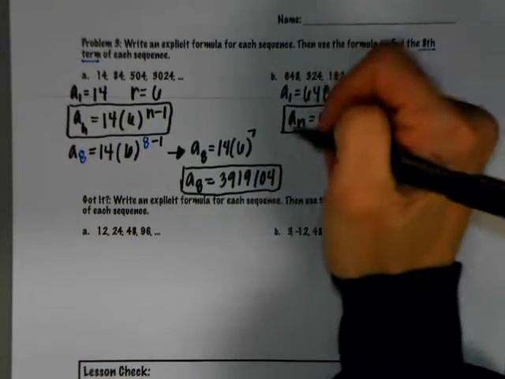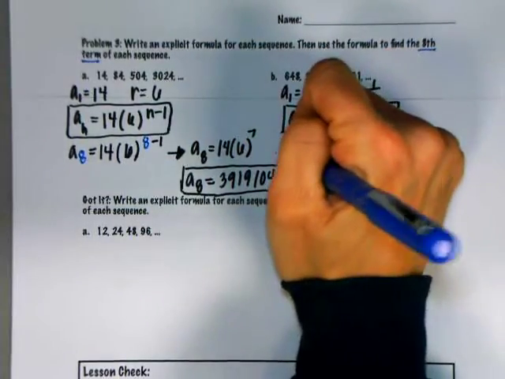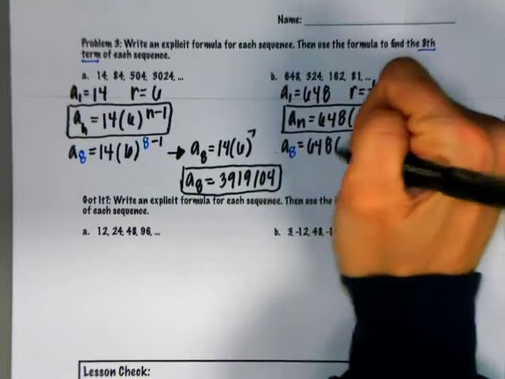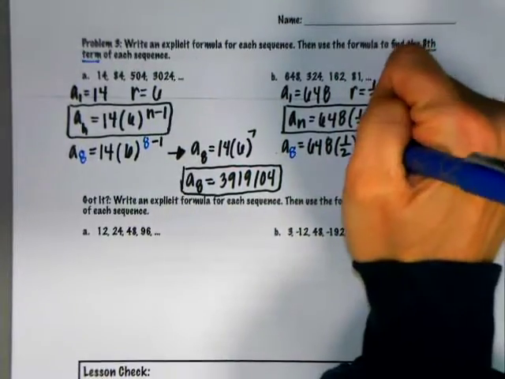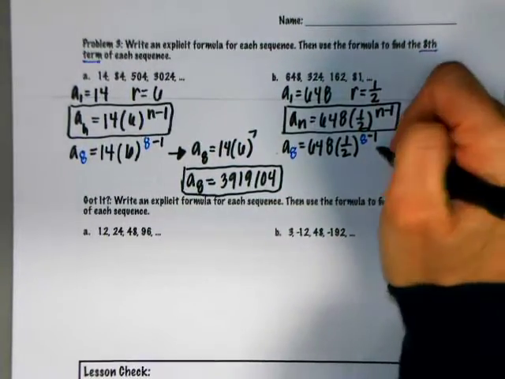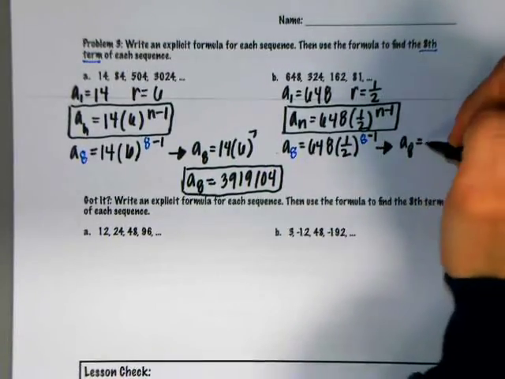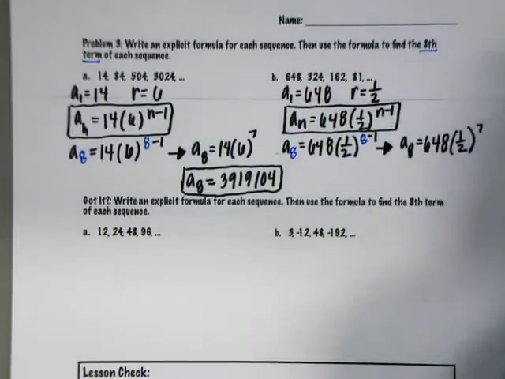And then when you're trying to find the 8th term, that's going to be the same thing. So a sub 8 equals 648 times 1/2 to the 7th.